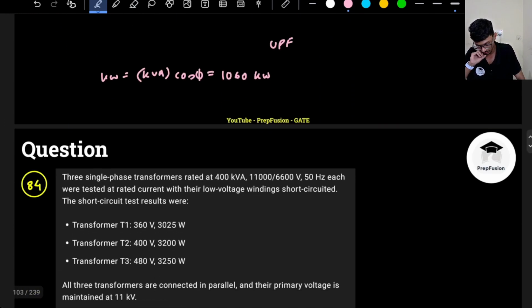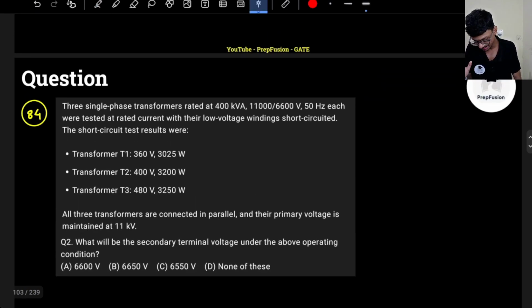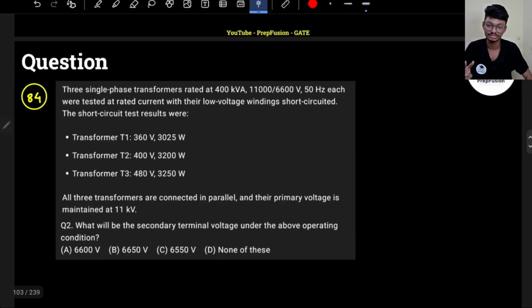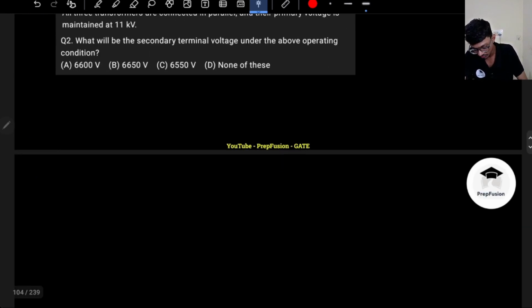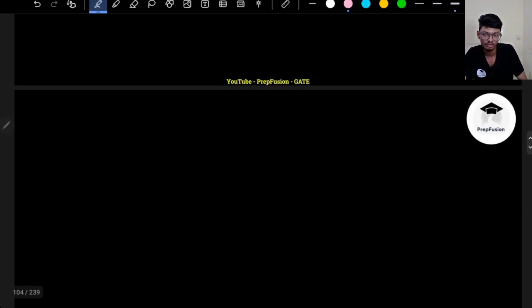So let's solve this question. The second part asks what will be the secondary terminal voltage under the above rated condition. Under this operating condition, what will be the secondary terminal voltage? For that, I have to use the formula of voltage regulation.